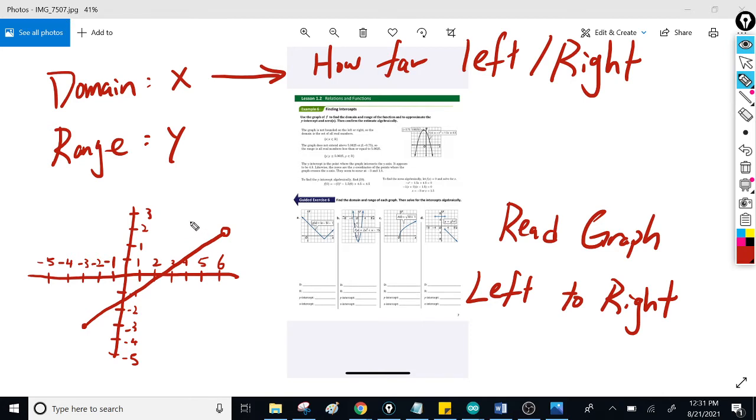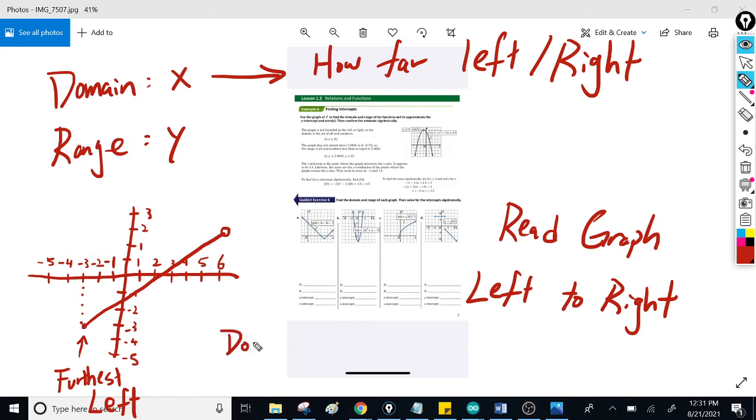We only care about how far left and right. We don't care about how high and how low. If you look at this line, the furthest left is where it starts. It starts right here. This is the furthest left.